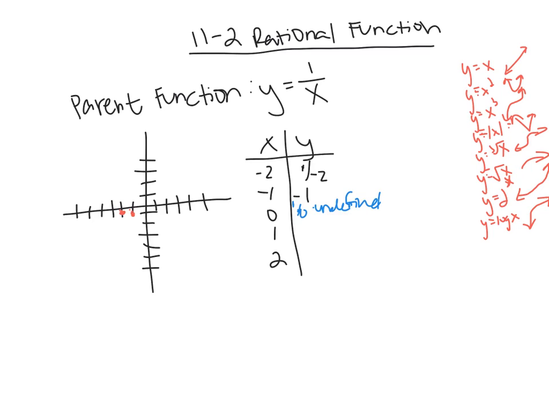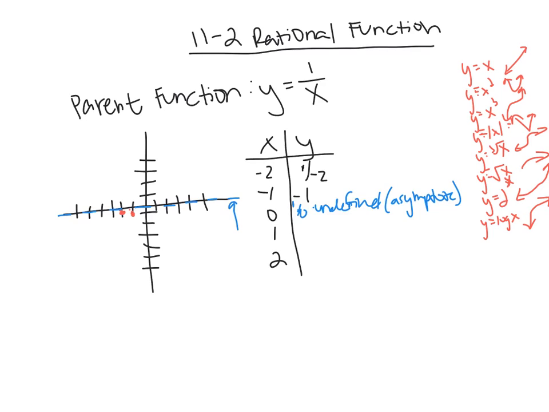That means that I have an asymptote. Because it's undefined, we have what's called an asymptote. So x cannot equal 0. Because it cannot equal 0, I have an imaginary line going through my graph that the graph is never, ever, ever going to cross, okay?